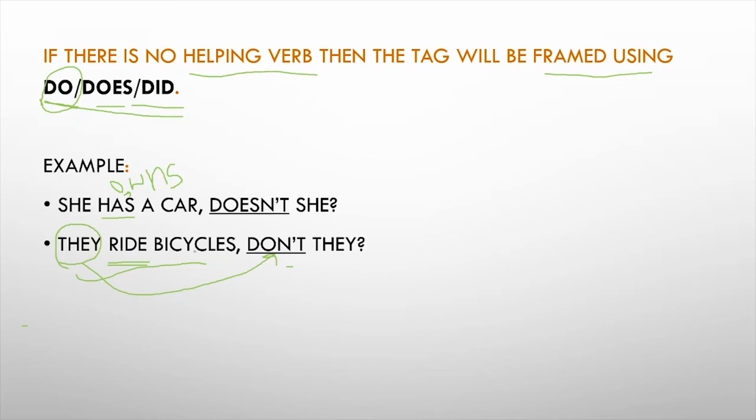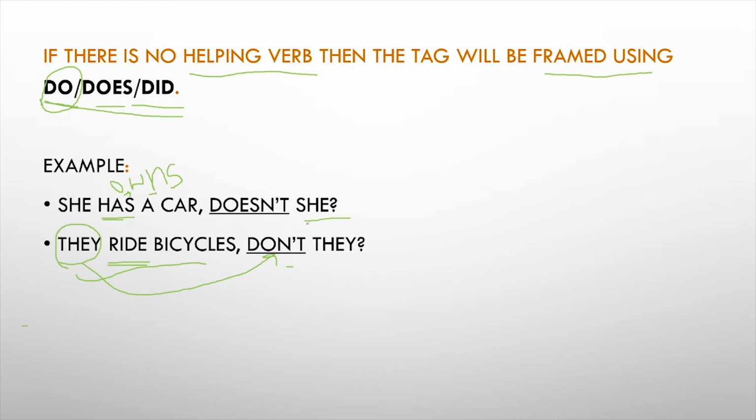Now in the first sentence, it's has. Sorry, she has a car. This is the main verb. If the helping verb is missing, I will have to use doesn't she. Why am I using does? Because she is singular. They was plural, so I used do, don't they.